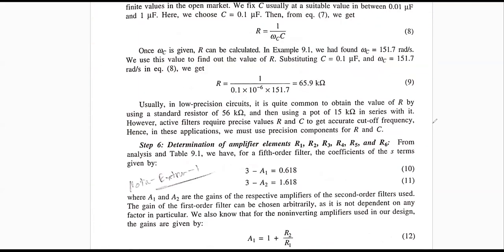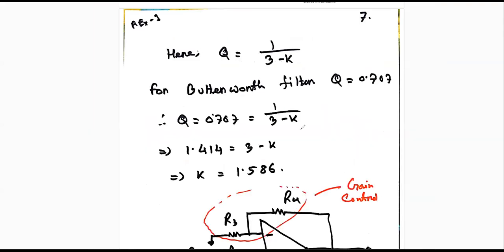Comparing to that, because those are the denominators, we have the gain part is 0.618. So 3 minus the gain is equal to 0.618, as we mentioned here.